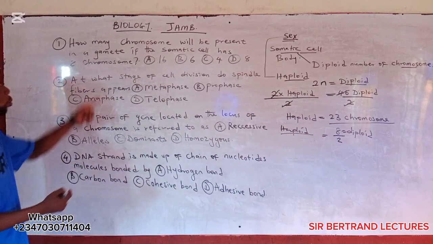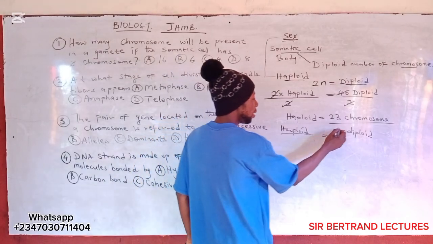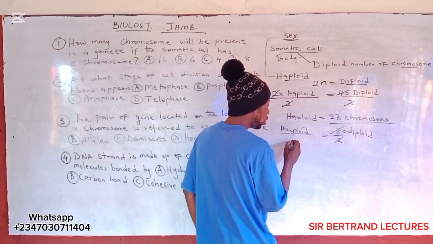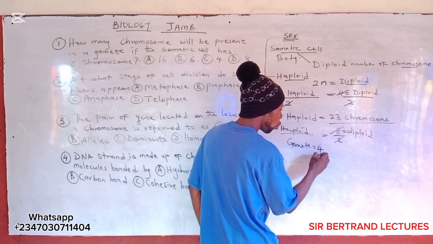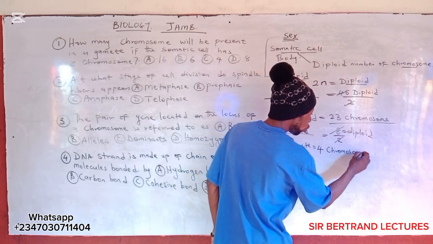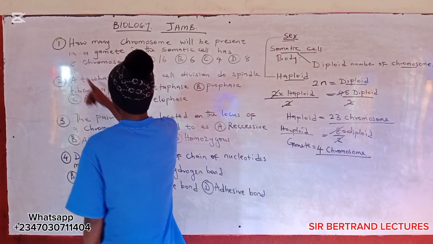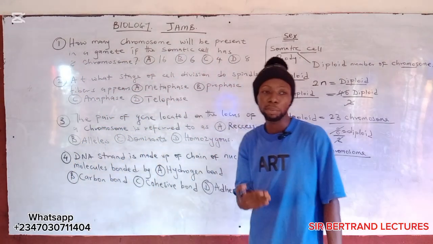That haploid number of chromosomes is the number of chromosomes we should have in the gamete cell. All right, if the 8 is divided by 2, in the gamete cell we have 4 chromosomes, because the 8 chromosomes of the somatic cell is the diploid number.